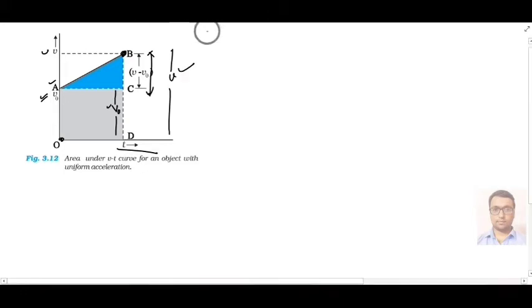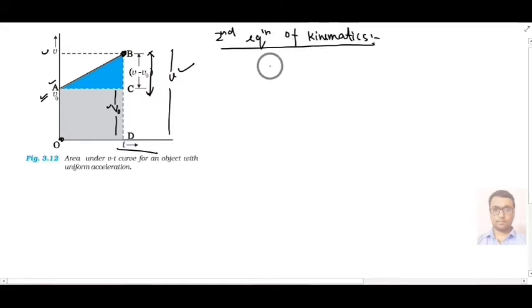Now we will prove the second equation of kinematics. For this we have a relation that v equal to dx by dt, instantaneous velocity equal to displacement upon time. So from here we get dx equal to v dt.